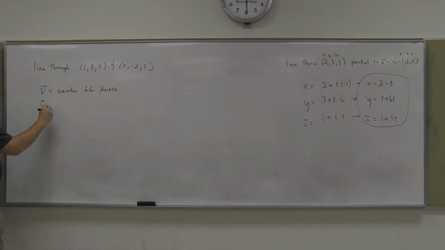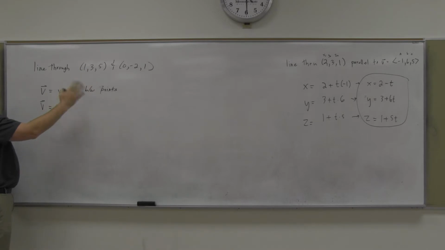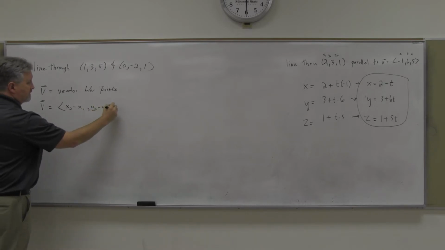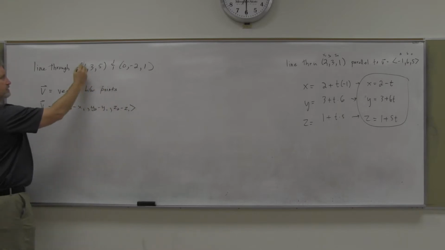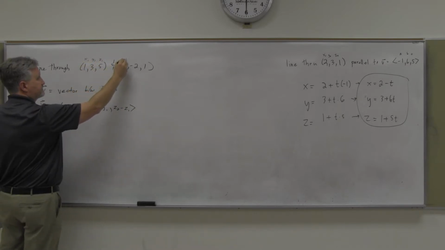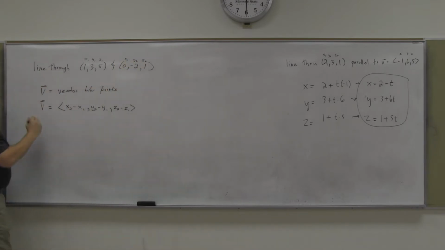So how do we get that? Well, we get that like we were talking about before. To get that vector, you just subtract components, right? Do x2 minus x1, y2 minus y1, and then z2 minus z1. Just subtract the components. And that'll be our vector parallel to this line.